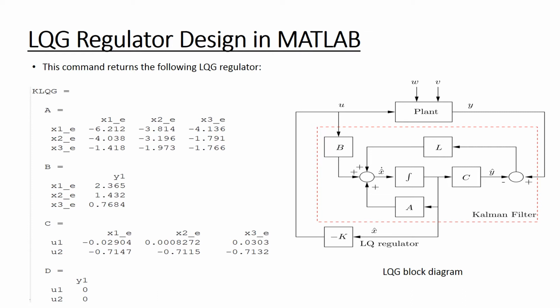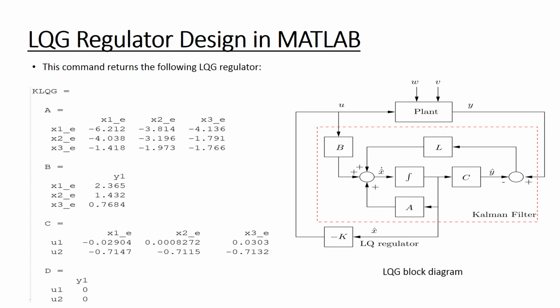Here are the results that we get from operating that LQG command in MATLAB. We can see from the LQG block diagram that it has two components again. It has the Kalman filter, which takes in the measurements corrupted by noise and estimates the correct values of the state, which go into the LQ regulator, and then the LQ regulator is used to place the poles of the plant at our desired location.